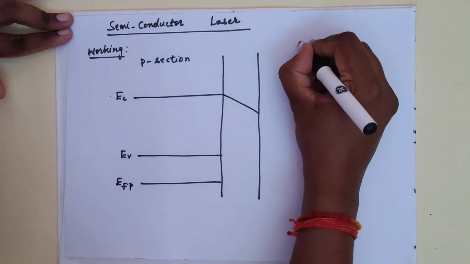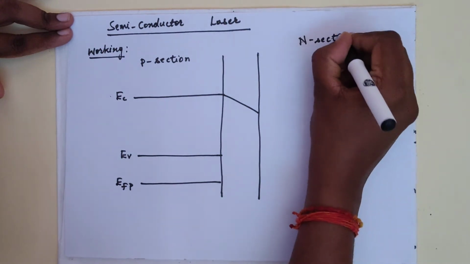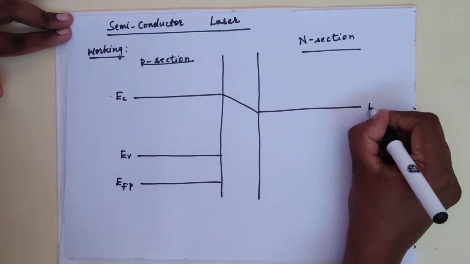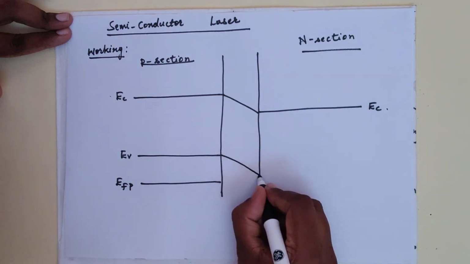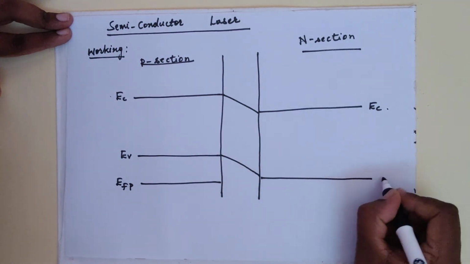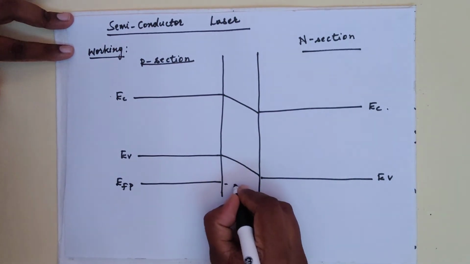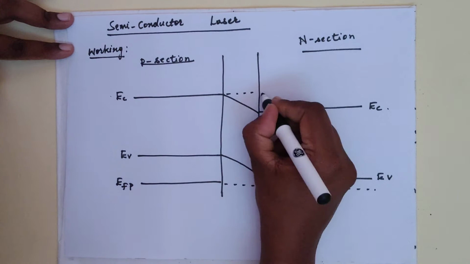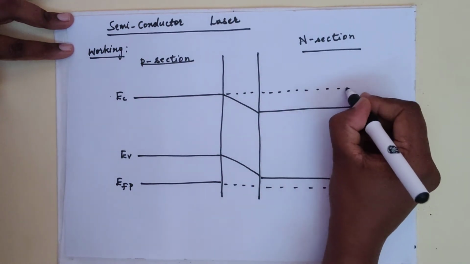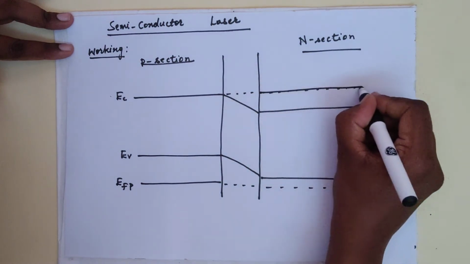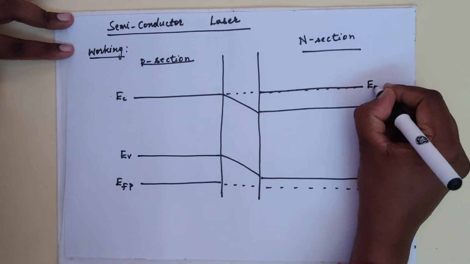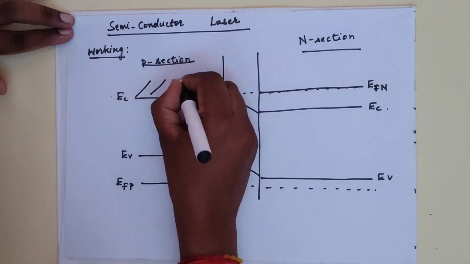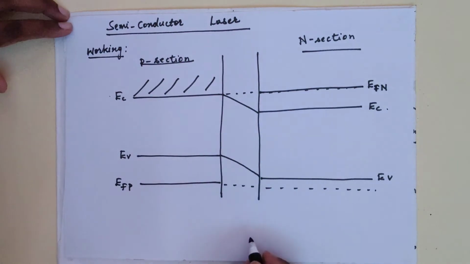Here in the N section I have a conduction band and a valence band, and the Fermi level EFN, the Fermi level in the N section.